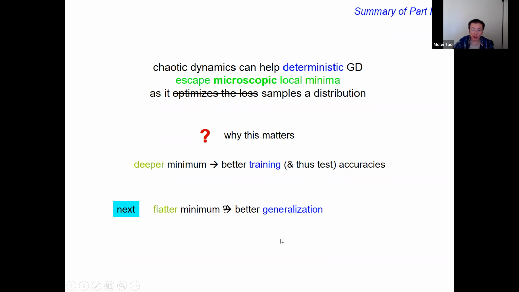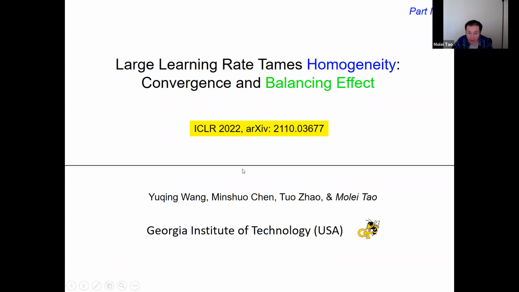So I'm not going to say anything about the correlation of generalization with flatness, but I'll show that if you use a large learning rate, you can actually get to flatter minima. This is joint work with student Yuqing Wang and student collaborator Mingshuo Chen, his advisor Tuo Zhao, and the paper was recently accepted by another machine learning conference, ICLR.